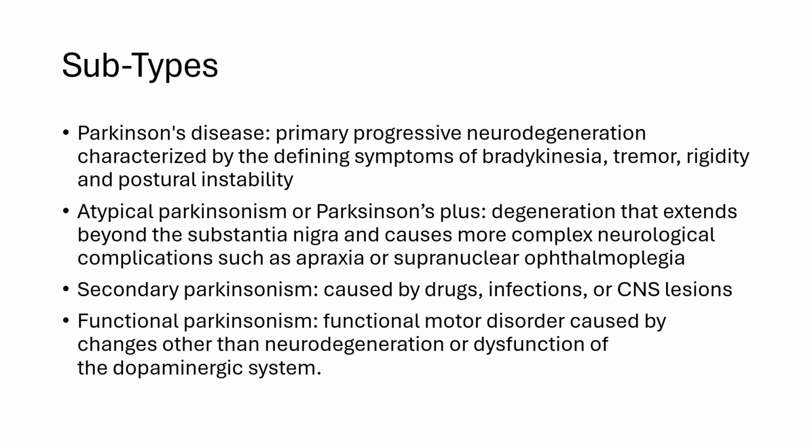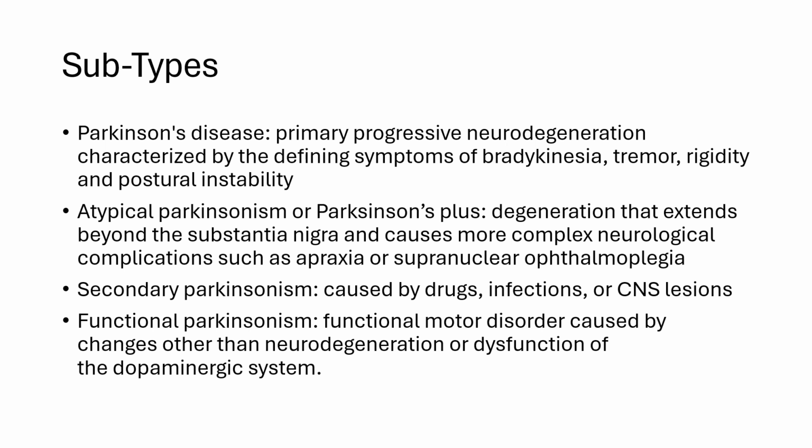The terms atypical Parkinsonism and Parkinson's plus are used interchangeably, and they have some classical Parkinson's-like features, so some bradykinesia, sometimes some tremor, some rigidity and postural instability. But they often have a different time course, and they may also have other complex neurological features. I think that's largely because the area of degeneration or the abnormal accumulation of proteins extends beyond the area of the substantia nigra.